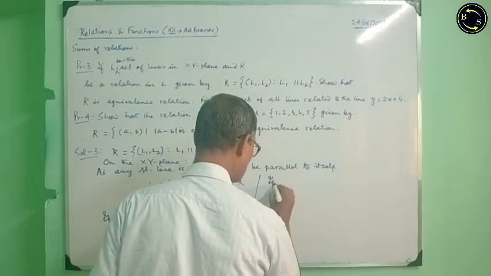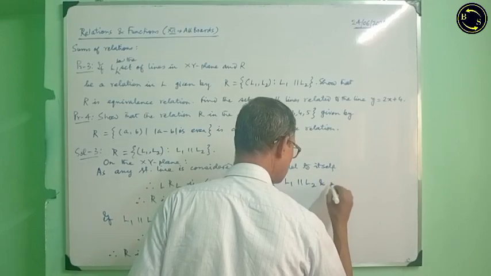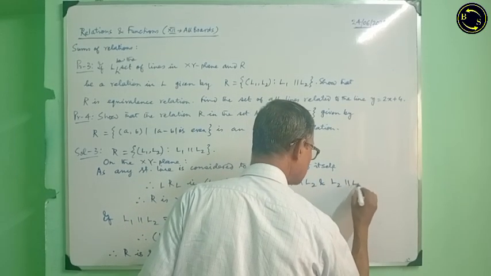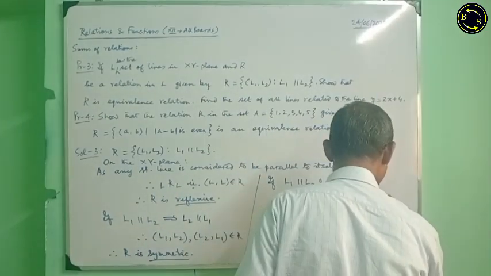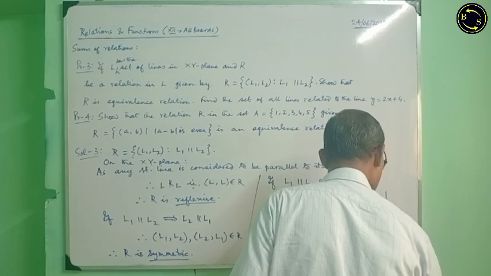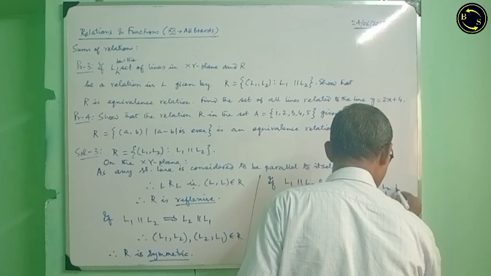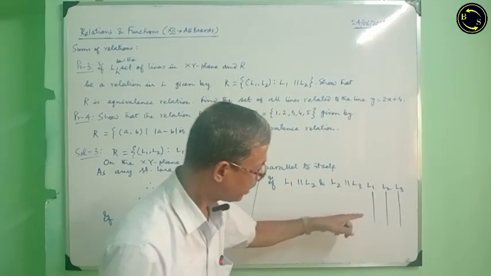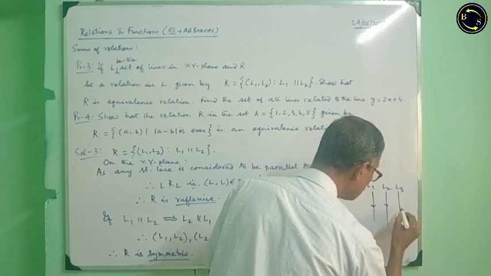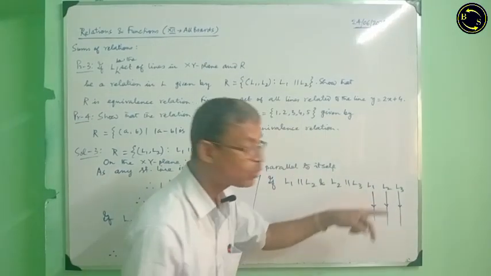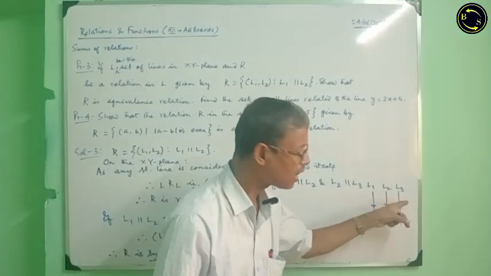If L1 is parallel to L2 and L2 is parallel to L3, we can show in a diagram like this. L1 is parallel to L2, then L2 is parallel to L3. Visually, it is clear. Then L1 is parallel to L3.